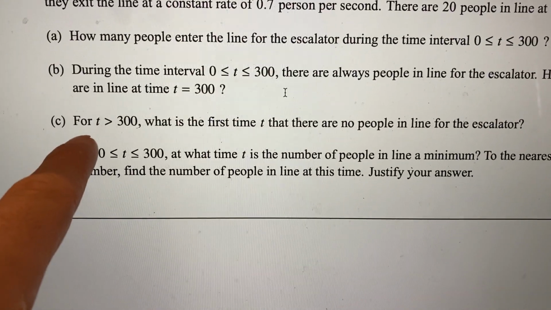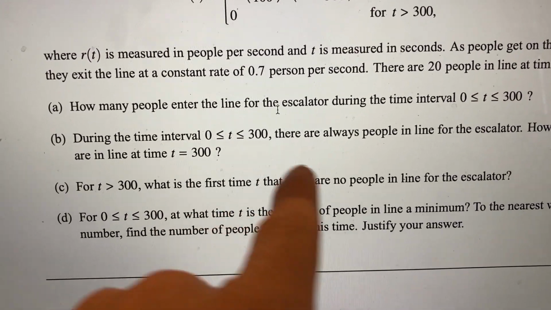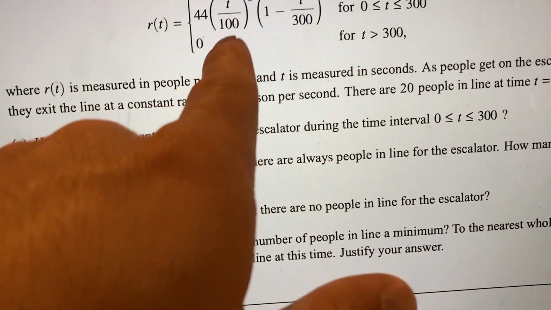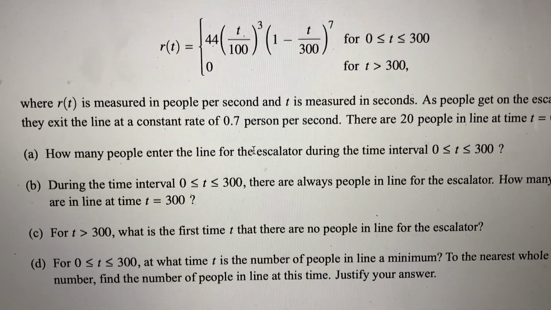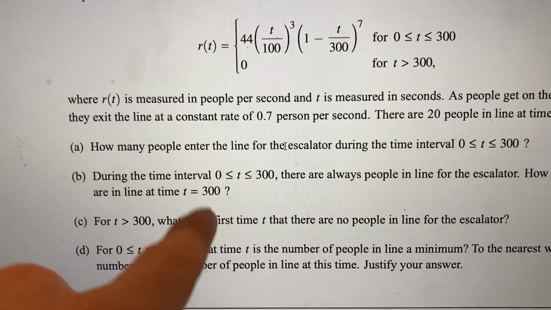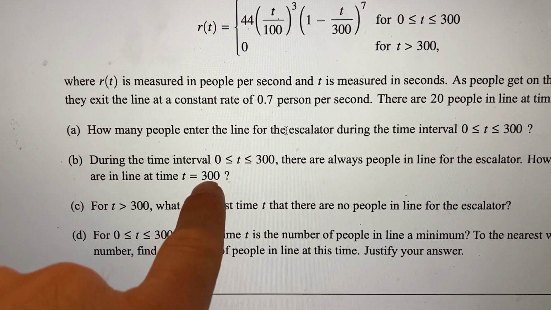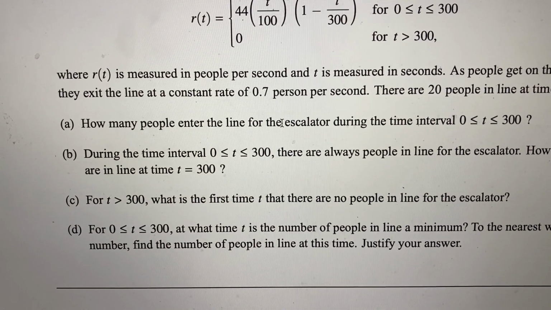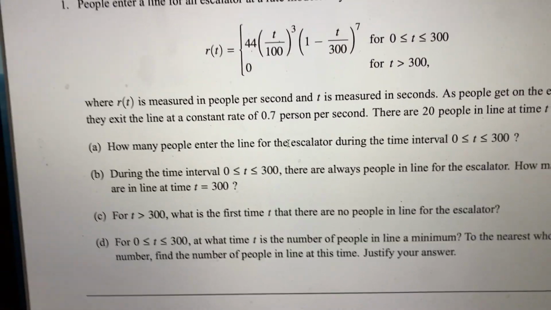For t greater than 300, what is the first time t that there are no people in line for the escalator? They stop entering after 300 seconds. So the question is, at what point does there become 0 people in line? If we know how many people from part B are in line at time 300, now all we need is to figure out how long it takes them to finish that line.